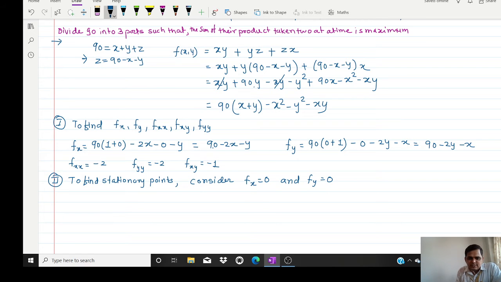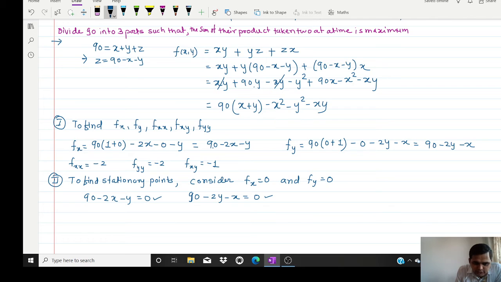So when I say fx is equal to 0, I am getting 90 minus 2x minus y is equal to 0. When I go for fy is equal to 0, we get 90 minus 2y minus x is equal to 0. So now what? Now either we multiply the first equation by 2, or I will multiply the second by 2. Why? Because these are the two linear equations, so we can treat them as simultaneous equations, as I need to calculate x, y, and z.